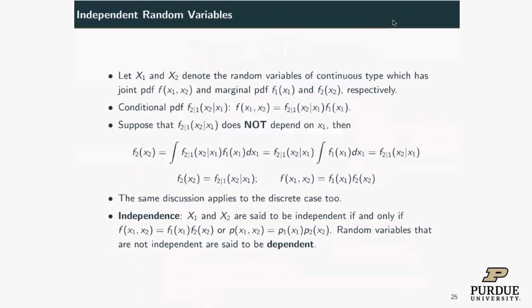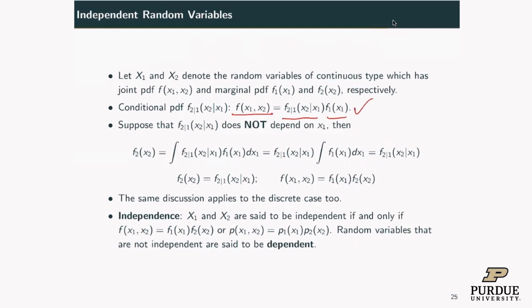Now, independence. Independence is another type of relationship. Let x1, x2 denote random variables of continuous type. We have the joint, we have the marginal. For the conditional distribution, by definition, the joint is the conditional times the marginal.